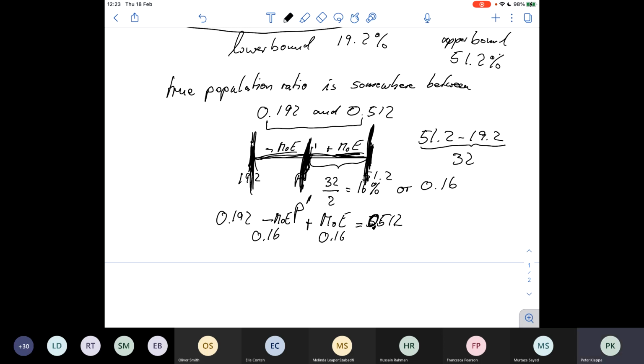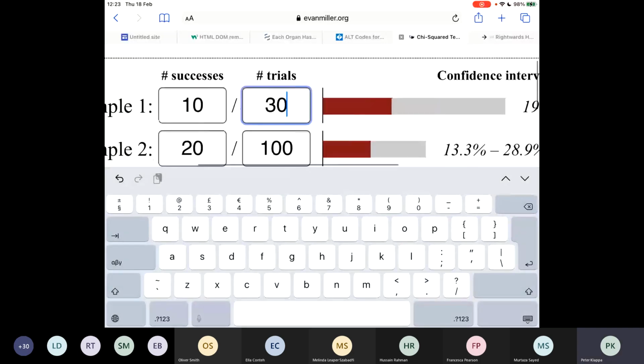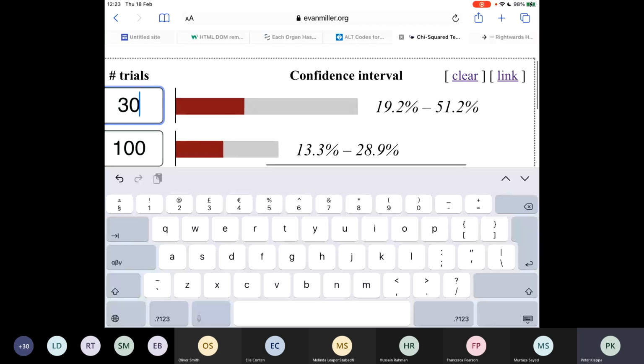So with this simple trick, where we just say it's symmetrical, we've got from our calculator our boundaries here with the 19.2 and 51.2%. We've got the lower bound, 19.2%, the upper bound, 51.2%. We know that our ratio is bang in the middle.